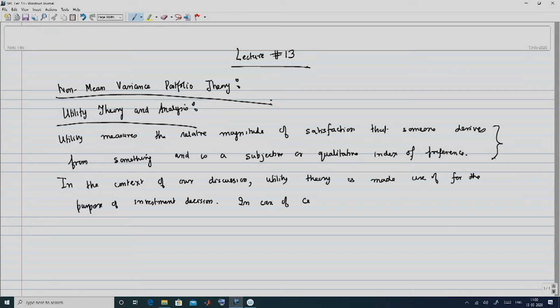So, in case of certainty, the utility theory says that a person should assign a numerical value to each alternative.